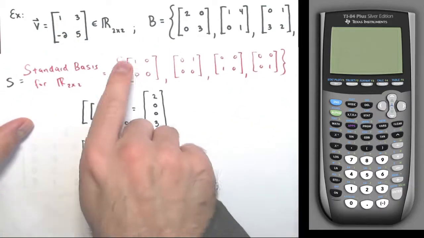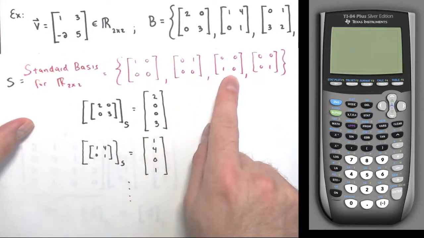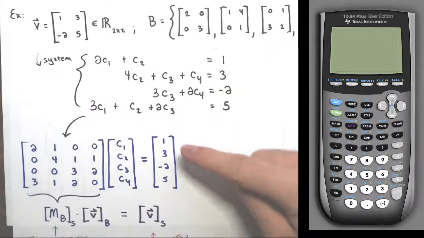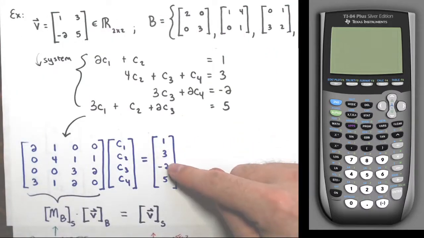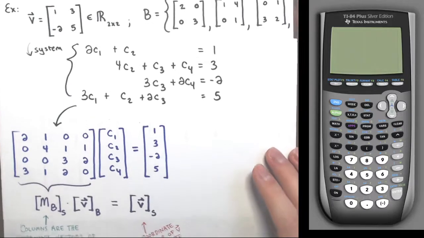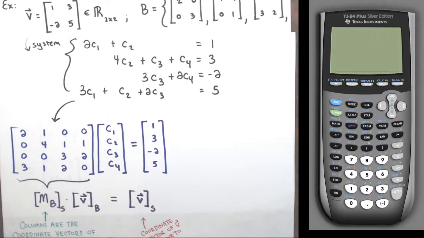When 1 of this plus 3 of this plus -2 of this plus 5 of this would make vector V. 1 of the first, 3 of the second, -2 of the third, 5 of the fourth in the standard basis would make vector V.